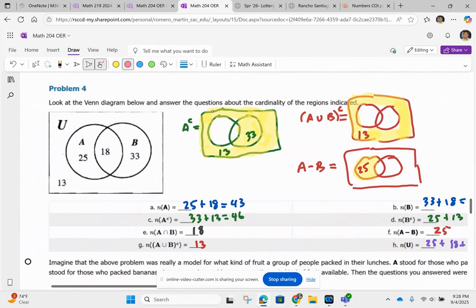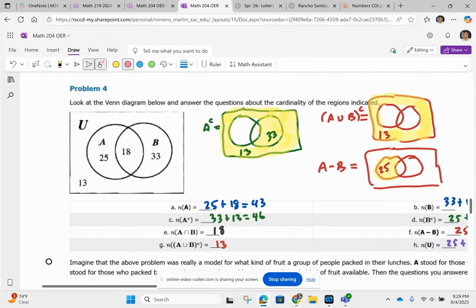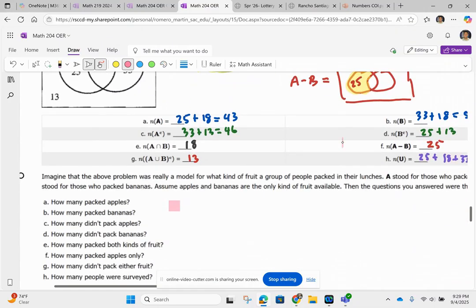But let's look at a few, right? Complement of A is all of this shaded region. Complement of A is all the people who didn't pack apples, and you could see that would be 13 and 33. A union B, complement to that, right? A union B is everyone here. The complement of that would be, where's that A union B?